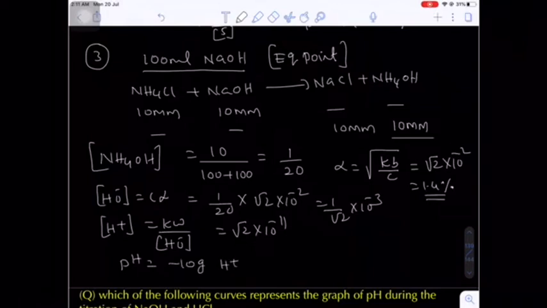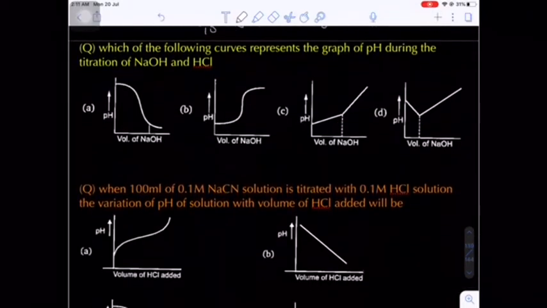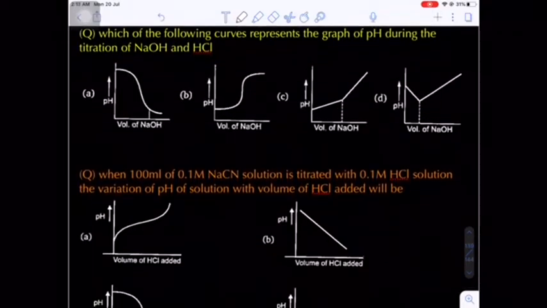The H plus ion concentration here is root 2 into 10 raised to minus 11. Here pH is equal to minus log of the H plus ion concentration to the base 10. Now here, 11 minus log of root 2, which is nothing but 10.85. That is the pH of the solution.